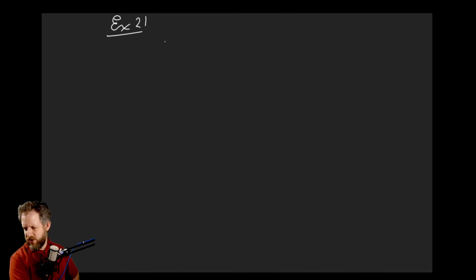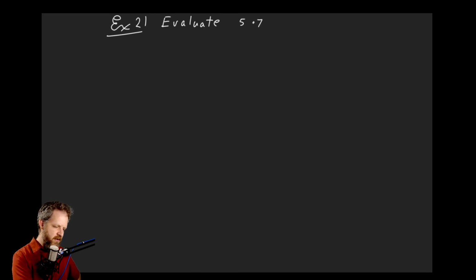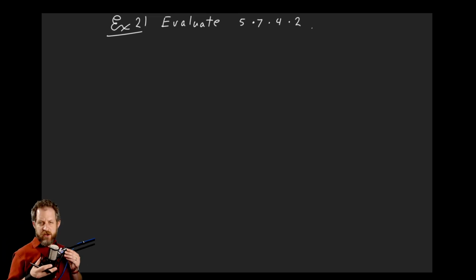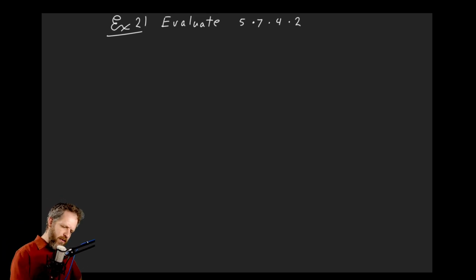We're going to evaluate 5 times 7 times 4 times 2, and we're going to explain what property we use in each step. So I'm going to rewrite this problem. We'll color coordinate it so it's easy on the eyes and easy to understand. So 5 times 7 times 4 times 2.